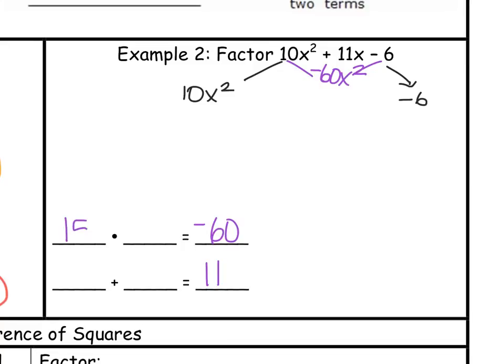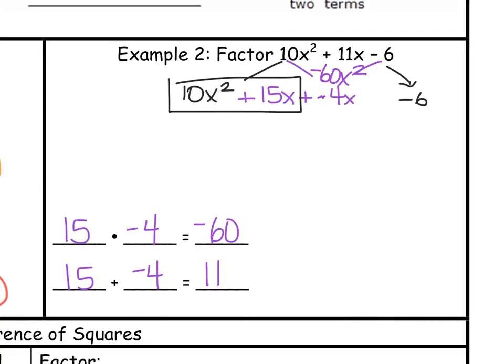And I can use 15 and negative 4. 15 times negative 4 is negative 60, and 15 plus negative 4 is 11. So this will give me 15x plus a negative 4x. So these are the two sets of terms that I want to factor.